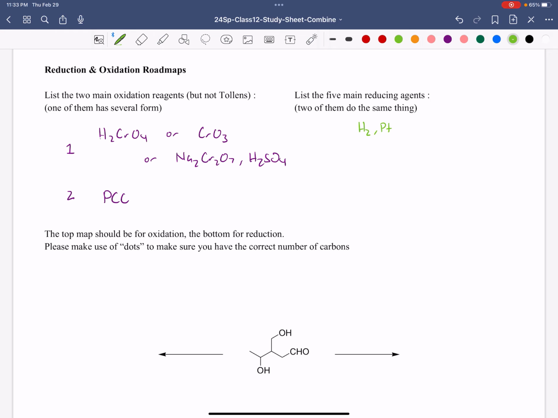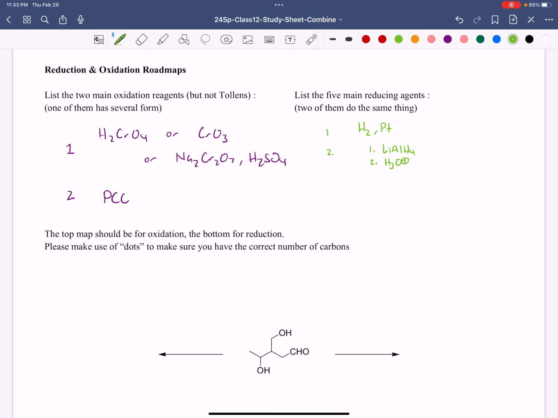But now we're going to use it to reduce aldehydes and ketones. So that's number one. Number two, I might get in trouble numbering, because number two is a two-reaction sequence, I believe. I believe LiAlH4 was next, followed with H3O+.